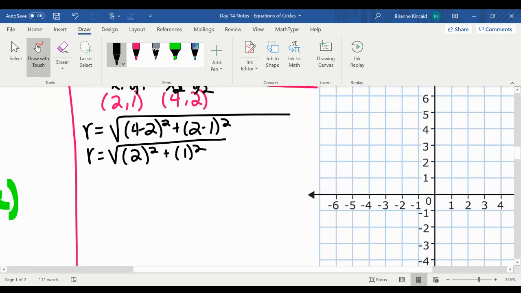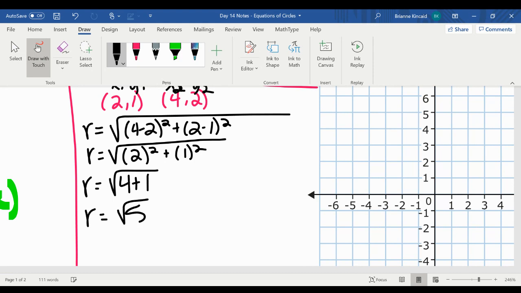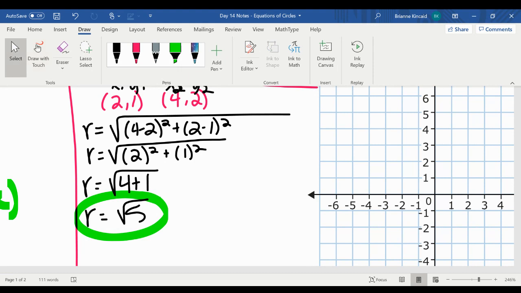When I square 2, I get 4. When I square 1, I get 1. So the radius is equal to the square root of 5. Remember, that's the second thing we need to know.